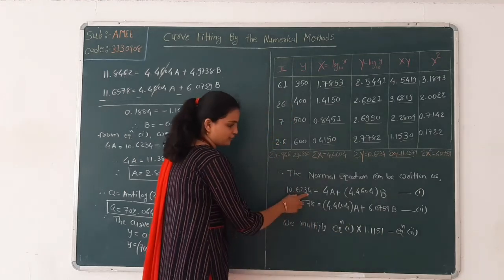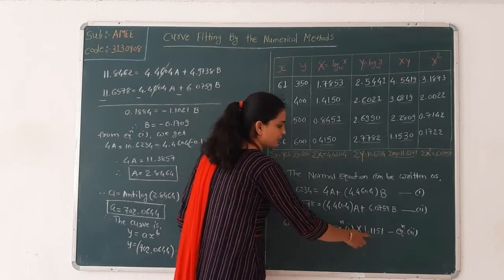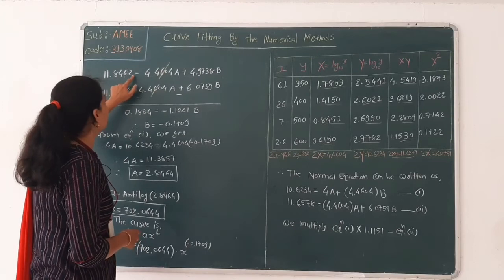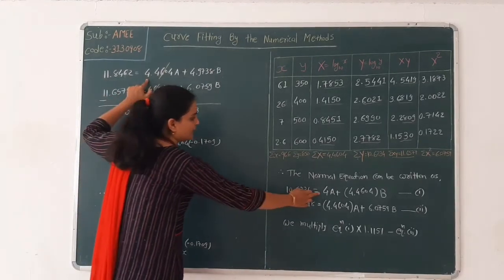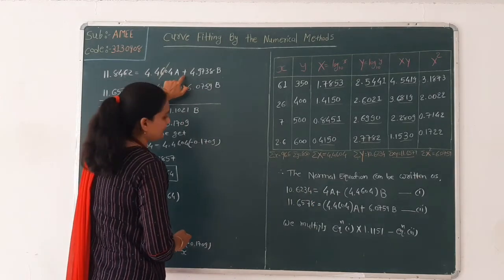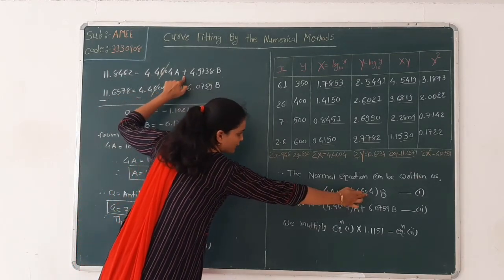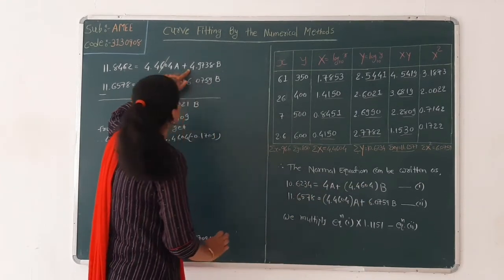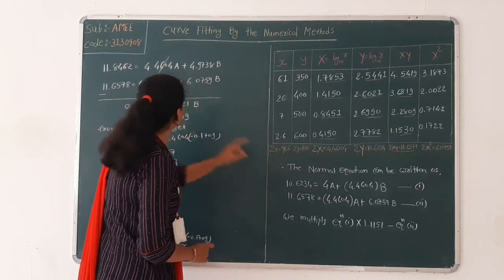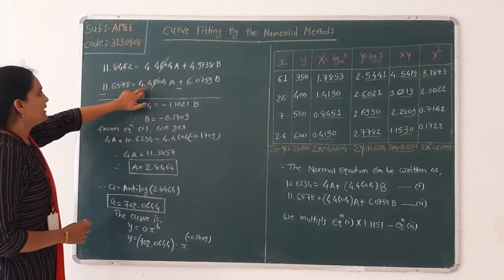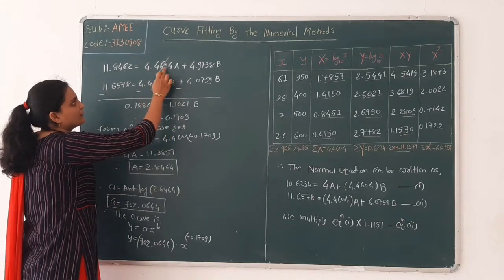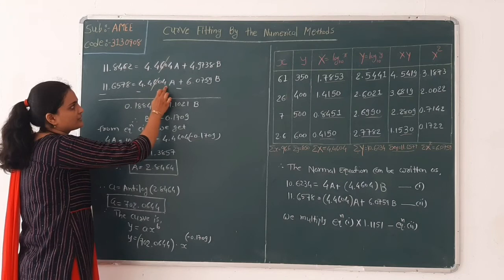So 10.6234 multiplied by 1.1151 gets 11.8462. Same way 4 into 1.1151 is 4.4604A plus 4.4604 into 1.1151 is 4.9738B.